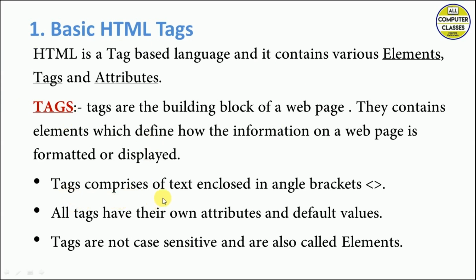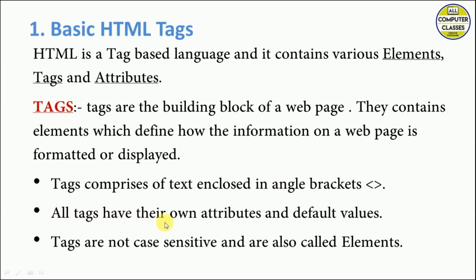Tags are text enclosed in angle brackets. In these brackets we use the text, and that is called a tag. Web pages are made up of these tags, which is called HTML, hypertext markup language, as we explained in the previous class.